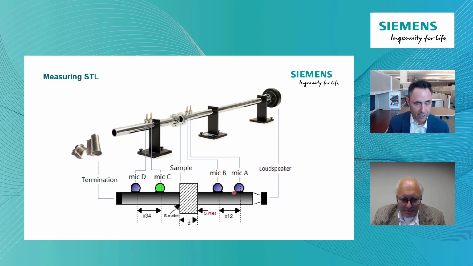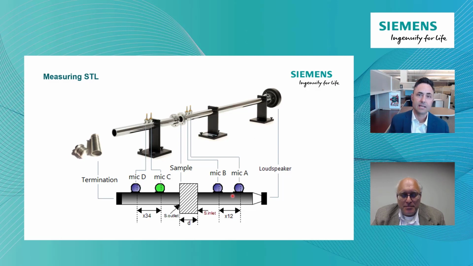We're going to quantify that using mic A and B. Some component might get trapped inside, but then some component of that sound energy is going to go through our sample, and we're going to quantify that amount with microphones C and D. So now we know all three parts: reflected, absorbed, and transmitted.